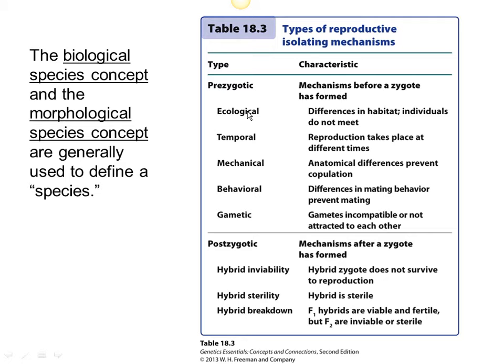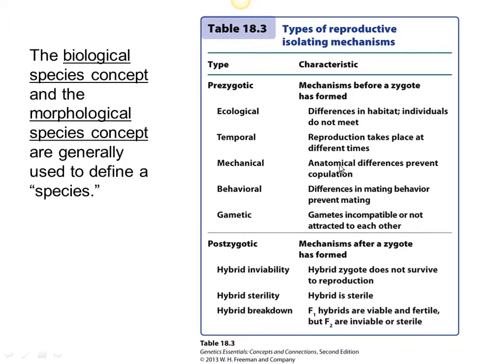So the ecological barrier is when organisms live in different parts of the habitat and they just don't ever meet. Temporal barrier can include things like reproduction taking place at different times, maybe times of the year. Maybe you have one group that's fertile in the spring, one group that's fertile in the fall. So that's enough to keep the groups genetically separated.